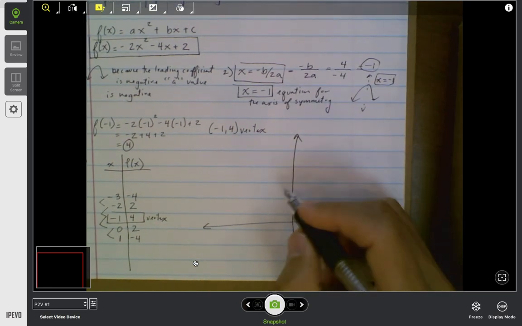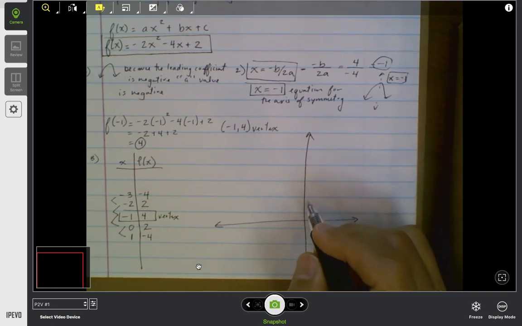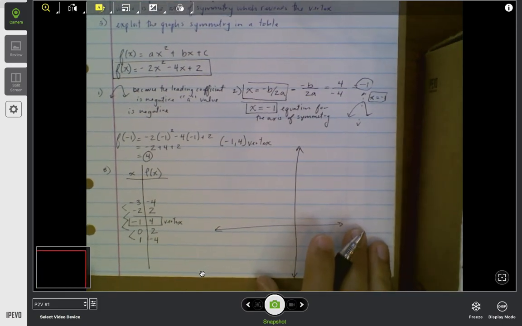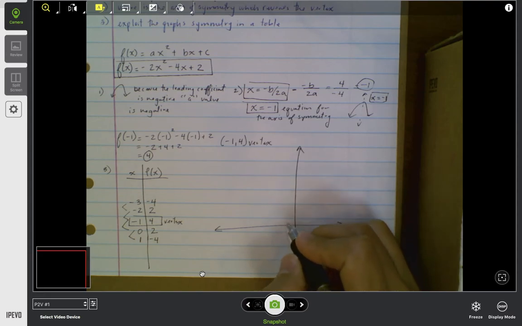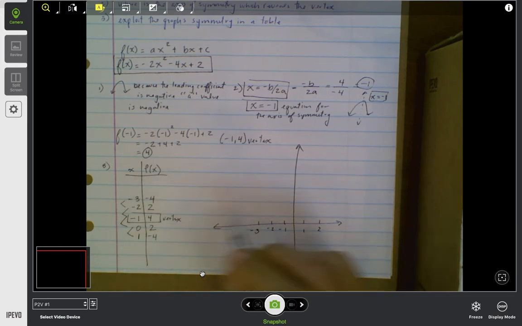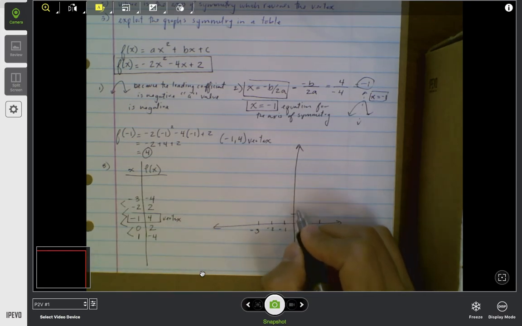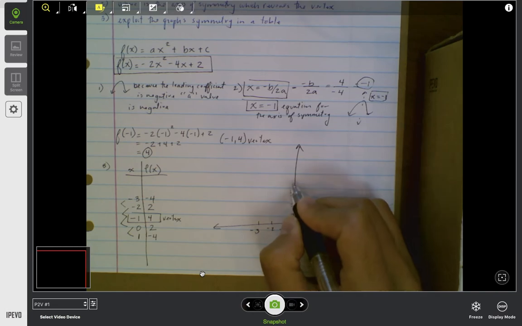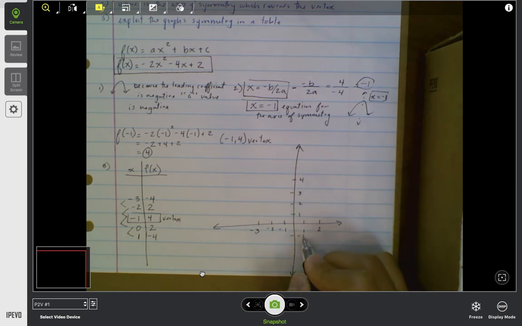And they could have been prettier, but I'm trying to perform here under pressure with the camera and so forth, and it takes some getting used to. So here we go. Let's do -1, -2, -3, and then a 1 and a 2 in that direction, and that's more than enough for the values that I have. And then I'll do a 1, 2, 3, and a 4 in this direction, negative 1, negative 2, negative 3, and negative 4 in this direction.